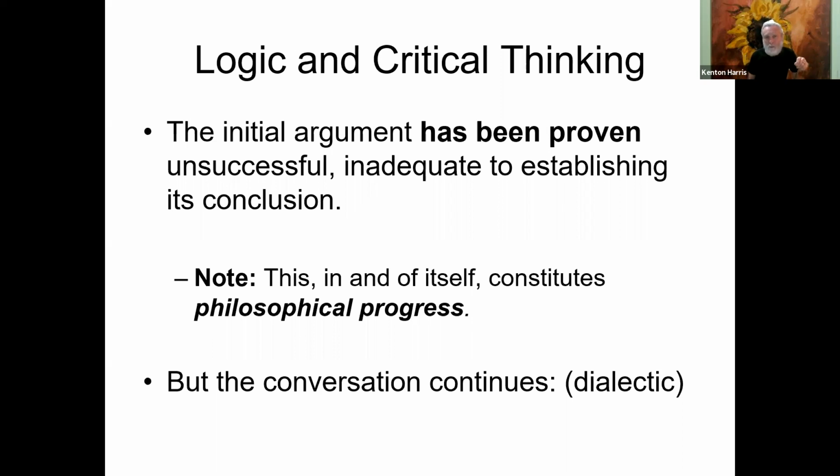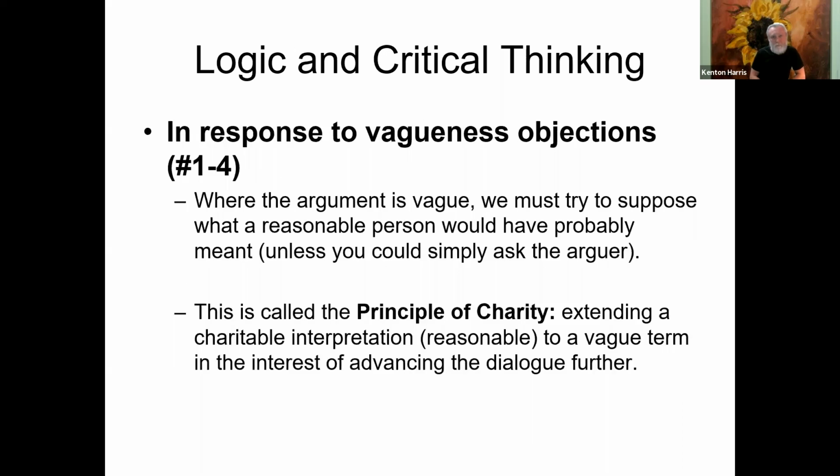Therefore, your argument doesn't work. Revision, right? That's step number 4. And step number 4 is going to require that we revise the argument to address the criticisms that have been raised thus far. So in response to the vagueness objections, where an argument is vague, we must try to suppose what a reasonable person would have probably meant.